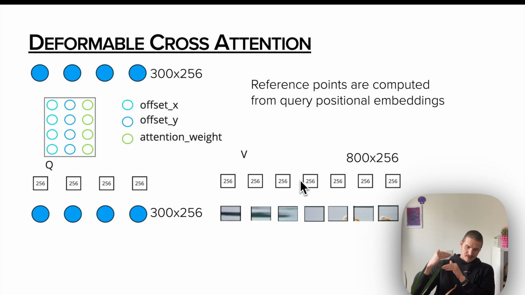And then the offsets will basically shift the actual attention a little bit up or down or left or right from this reference point. Now, query experts are not located in the same space as the image itself. So we need a way to come up with the reference points. And we do that by just applying an extra dense layer to query positional embeddings, right?